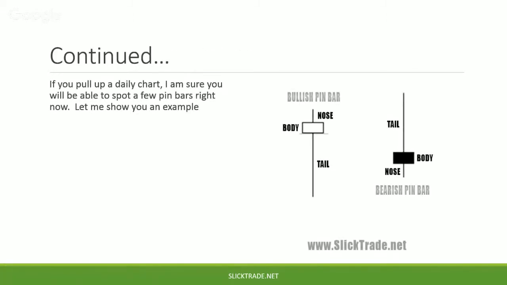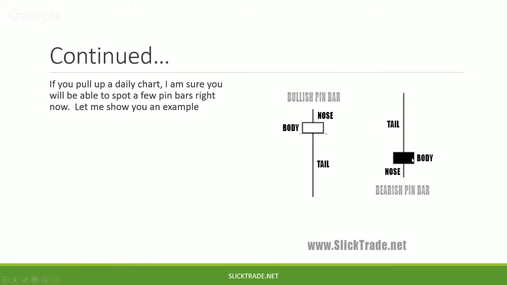If you pull up a daily chart, I'm sure you'll be able to spot a few pin bars right now. But let me show you an example. To the right, you'll see a bullish pin bar and a bearish pin bar. The bullish pin bar, you'll see the body is here, the nose is the very small line, and the tail is very long.